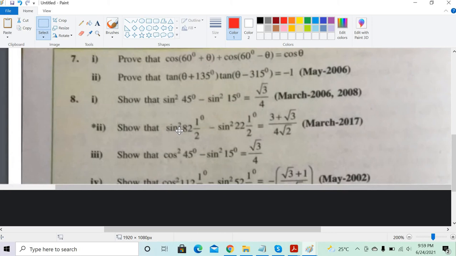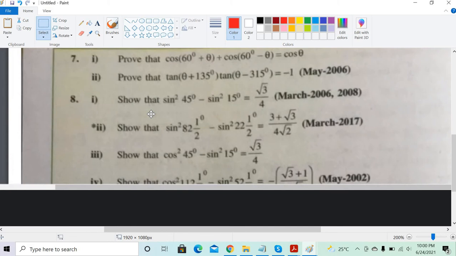So 18 into 5 can be written as 2a plus 3a should be equal to 90, 2 into 18 plus 3 into 18 equals 90. Yeah, answer came root 3 by 4. So like that, some derivations you can do, and you can get the answers easily. But when you solve, you have to substitute the values if you remember them. So these are the important formulas; you have to directly put them there.